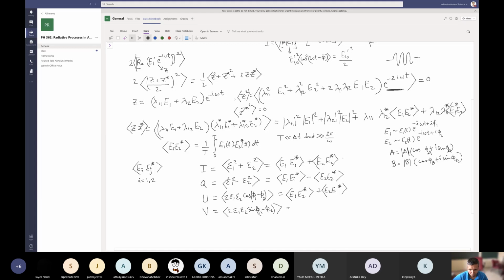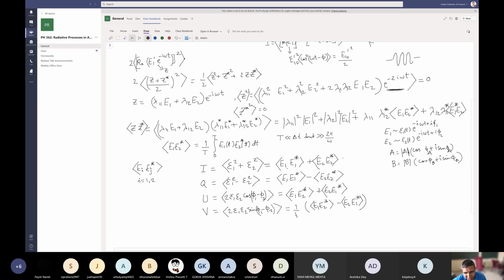This is equal to 1 by i, okay. So these are actually just written in terms of the complex representation of the field.